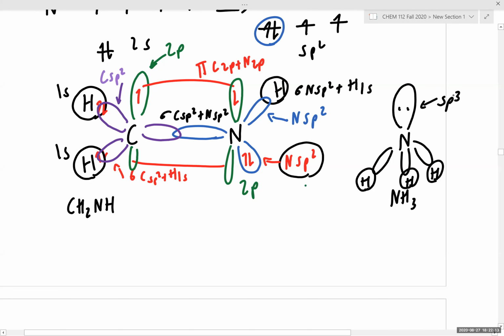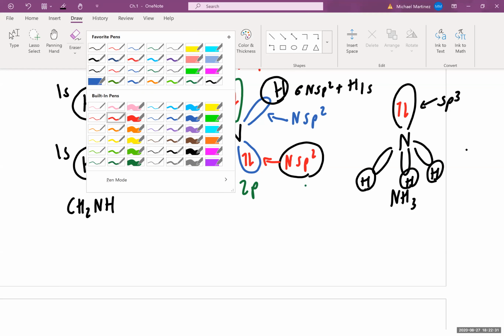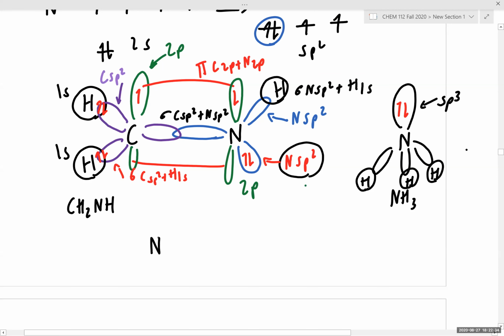Now, if we think about our lone pair electron energy, and this is where we tie this idea back to the concepts that we'll see in our chapter for acids and bases, if we think about the relative energy of a nitrogen sp2 orbital, so here's our nitrogen sp2 orbital that has our lone pair, would it be lower or higher in energy than a nitrogen sp3 orbital?